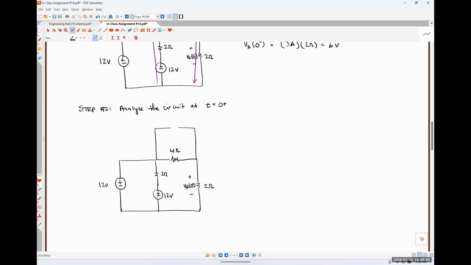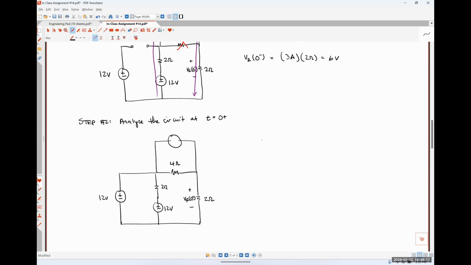So we replace inductors with current sources at t is equal to 0 plus, and we replace capacitors with voltage sources at 0 plus. So I'm going to put a current source here, and we need to make sure that the current is flowing in the same direction as IL was at 0 minus, which was from left to right, and it needs to have the same value as IL at 0 minus.